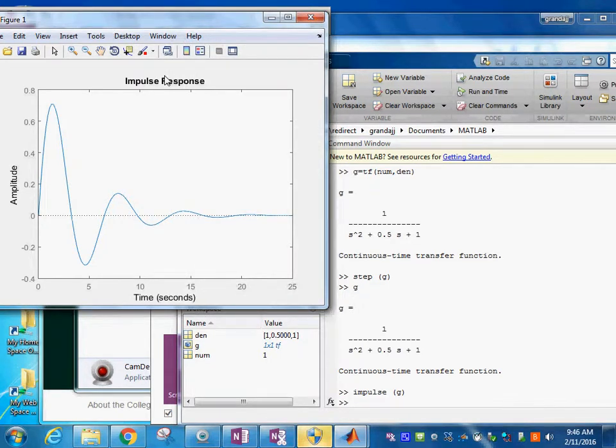Granted, the example that I gave you is a simple example, and we need to do some other things to be able to obtain this transfer function. So what I wanted to say is that, let's say we clear this workspace. MATLAB doesn't know anything about what I did up there, just plain blank.